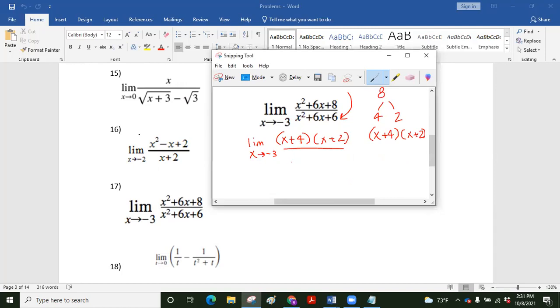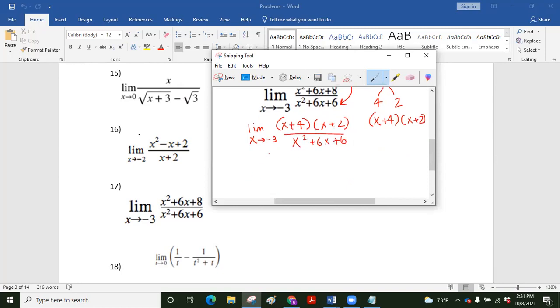And you can't really factor the denominator because there are no numbers that add to 6 and also multiply to 6. So we'll keep that as is, and we'll try to plug what we have in.